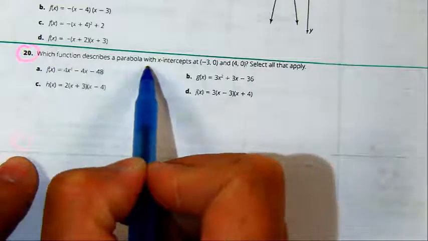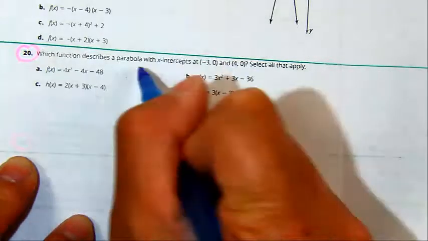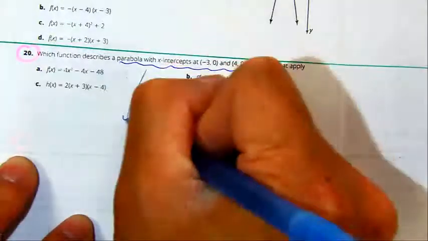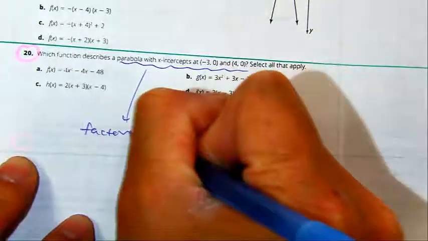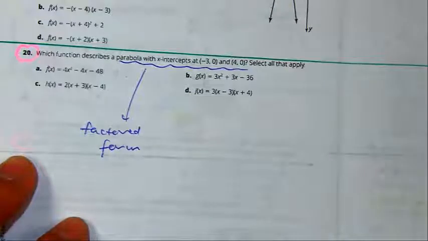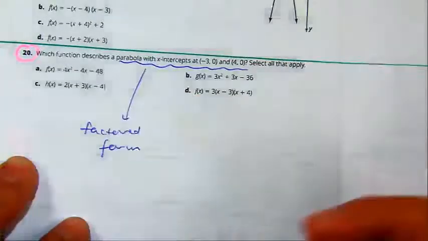Number 20 says, which function describes a parabola with x-intercepts at negative 3, 0 and 4, 0? So when I see the word x-intercepts, I'm going to guess that we're using factored form. So I can cross off those that are not in factored form, unless those factored form ones do not give us the correct answer.